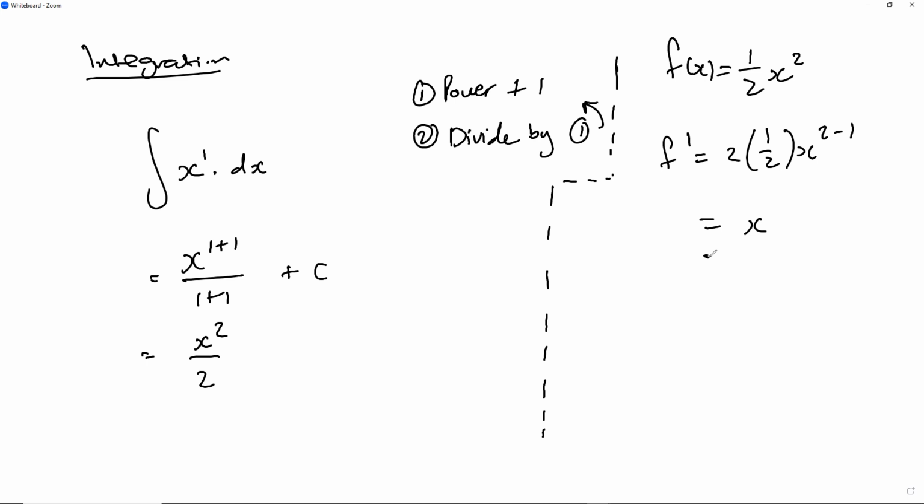That's going to become x. So that's correct. So what we notice is that when we're deriving, we go from f to f dash, and when we go backwards, we integrate. Deriving goes this way, integration goes backwards.